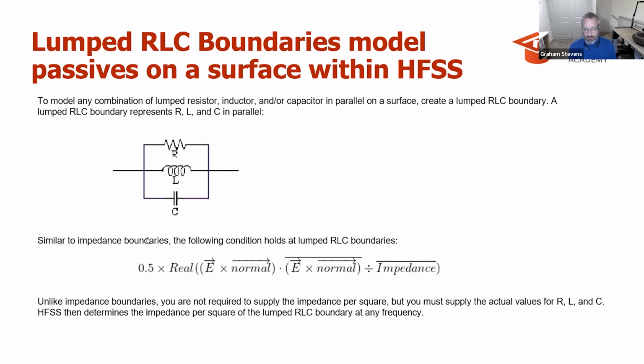And then similar to impedance boundaries, this following condition holds at lumped RLC boundaries where we have the E normal squared divided by the impedance times 0.5. And unlike impedance boundaries, you're not required to supply the impedance per square, but you must supply the actual values for RLC. And then HFSS determines the impedance per square of the lumped RLC boundary at any frequency.